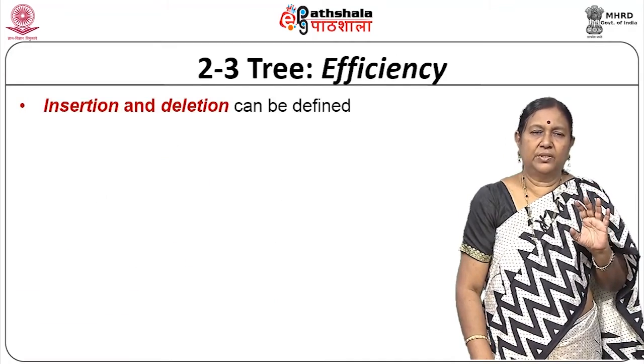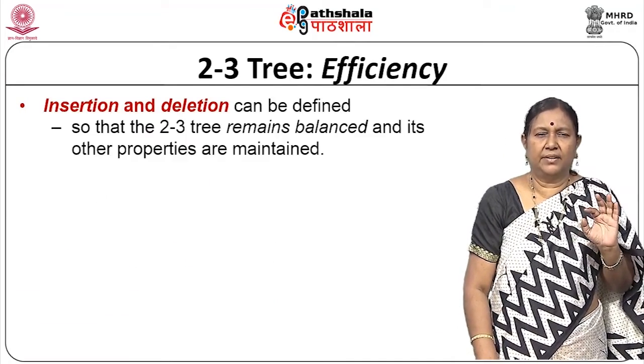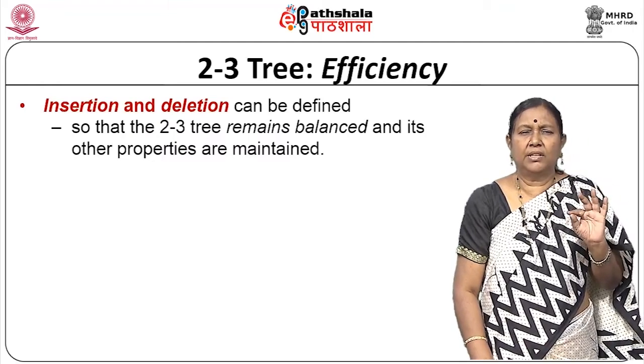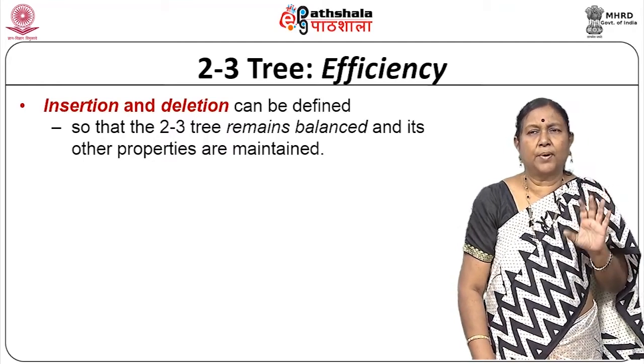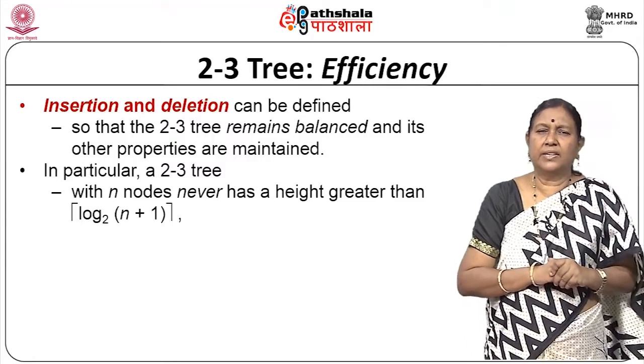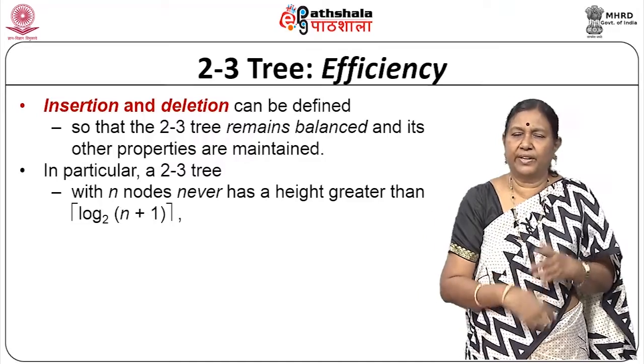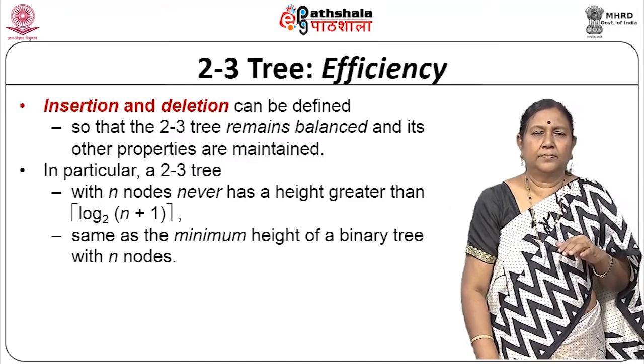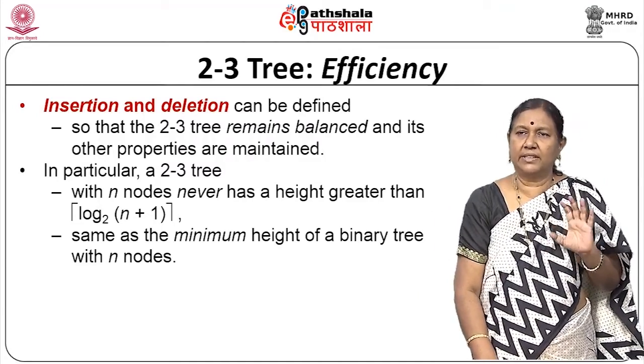Now, on the efficiency of a 2-3 tree: insertion and deletion can be defined so that the 2-3 tree remains balanced and its other properties are maintained. In particular, a 2-3 tree with n nodes never has a height greater than log 2 of n plus 1, the same as the minimum height of a binary tree with n nodes.